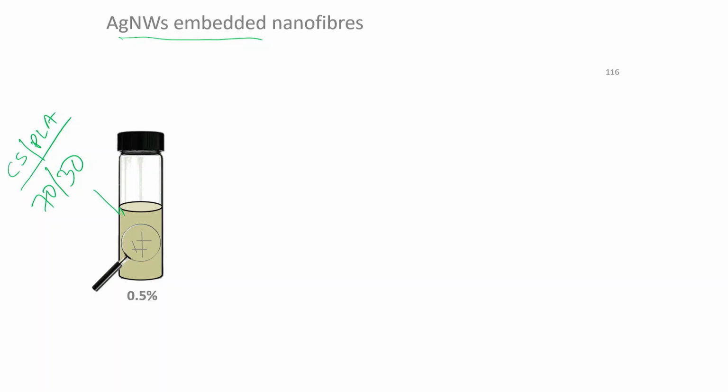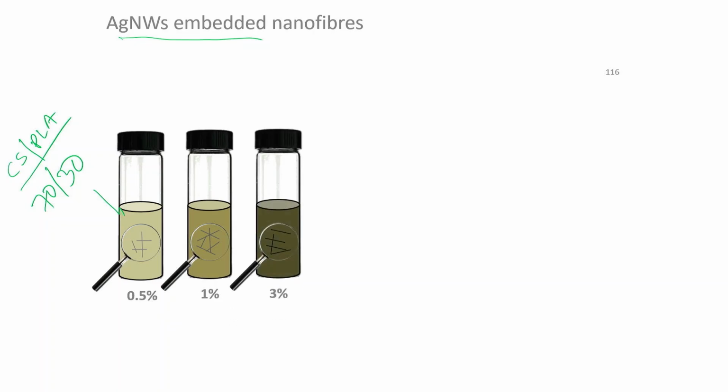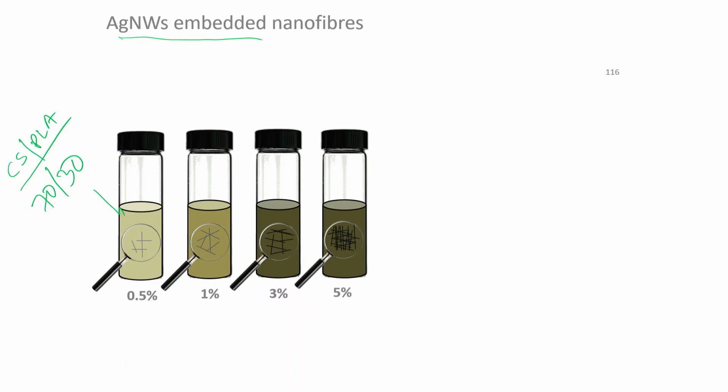So, starting from 0.5%, then 1%, then 3% nanowire, and then we have used 5% nanowire. At different proportions we have mixed it with this chitosan PLA blend.